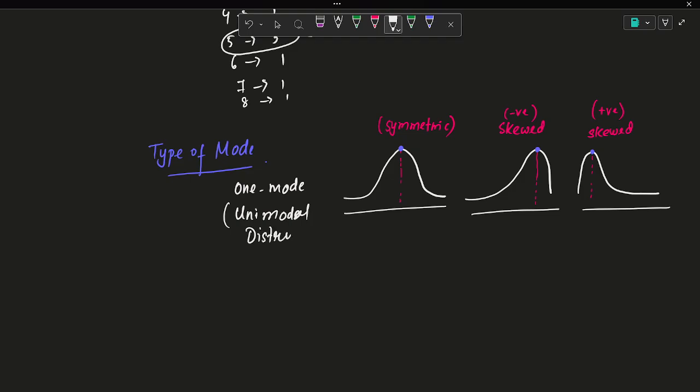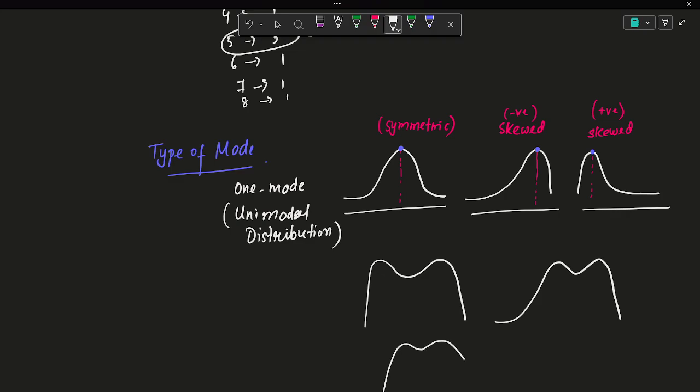Now suppose we have two modes. The data looks like this, or maybe like this, or maybe like this.